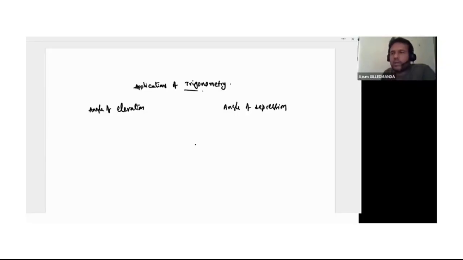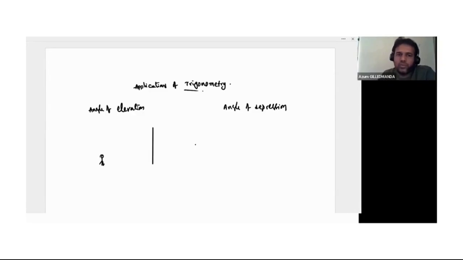In our day-to-day life, whenever we have some tall building or tower, if you want to see the top of the tower, we have to raise our head and look up. For example, let's say this is the tower or a building, and you are standing somewhere here.